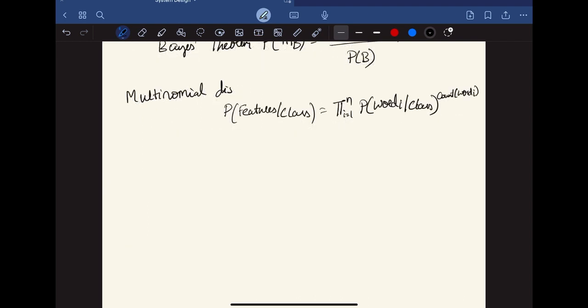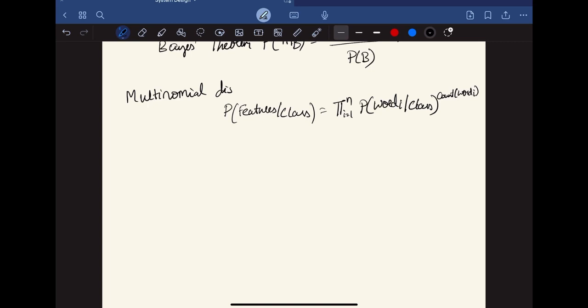And here, since we are dealing with probabilities and multiplying them, there is a possibility where we have to handle zero probabilities. That is, when a word is not present in the training set for a particular class, then here we have to use Laplace smoothing.